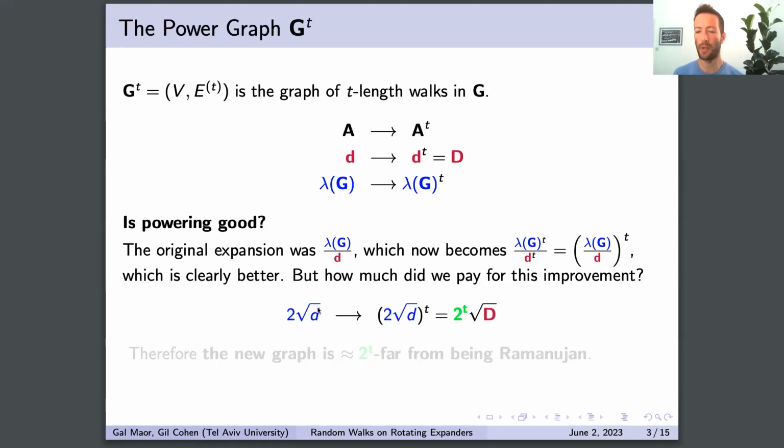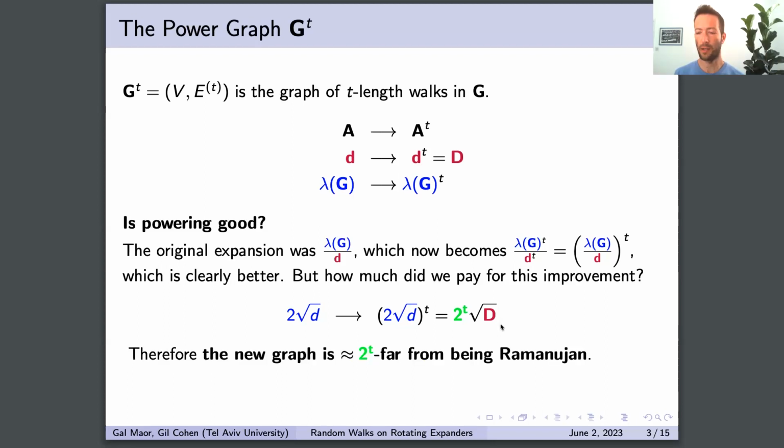Well, had we started with a Ramanujan graph with 2 square root of D, we take it to the Tth power, we end up with 2 to the T times square root of the new degree, meaning that the new graph is 2 to the T far from being Ramanujan. And this 2 to the T multiplicative factor is what we're going to try to handle in this work.